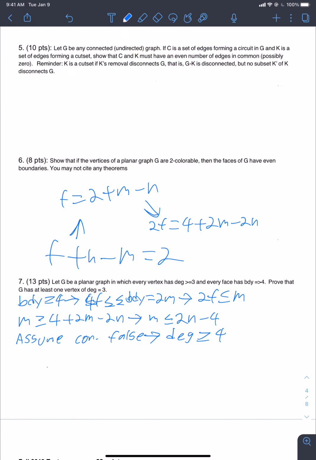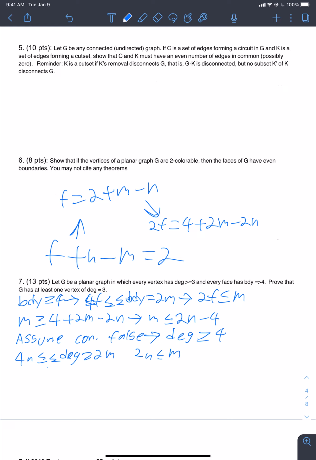So with that, instead of using the sum of the boundaries, this time we're going to use the sum of degrees. So 4n is less than or equal to the sum of degrees, which is equal to 2m. So 2n is greater than or equal to m.